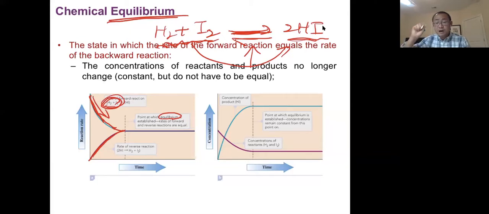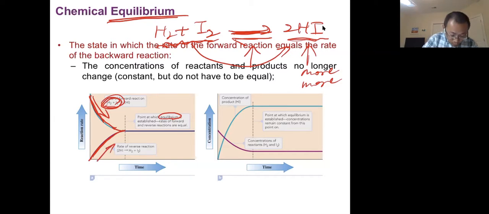But the reaction rate of the backward, reverse reaction, increases. Why? Because we get more and more product, because you're producing more and more. If you produce more and more, then the reverse reaction will increase. Eventually, they will become equal at this point. At that point, we call it chemical equilibrium.